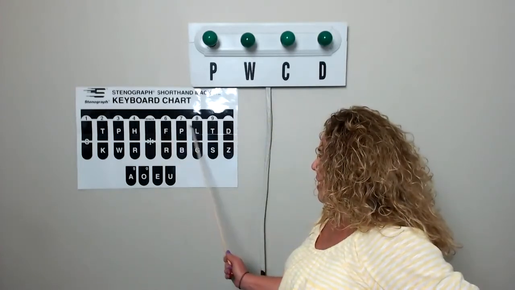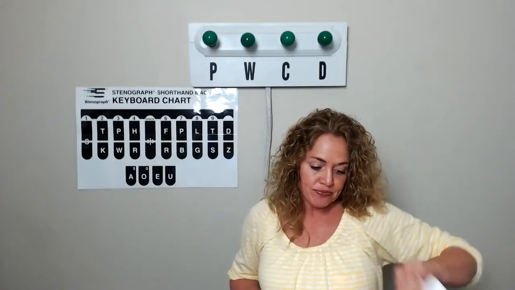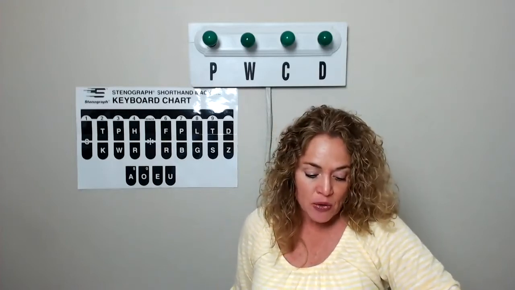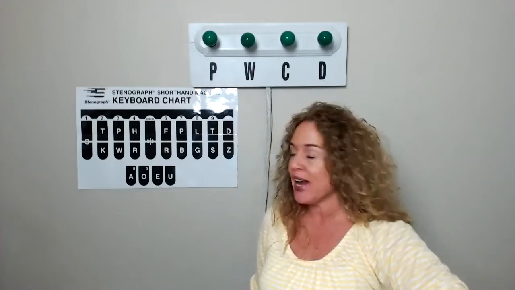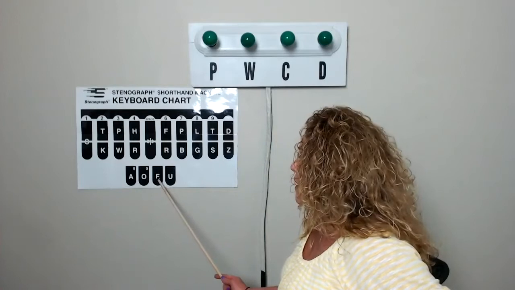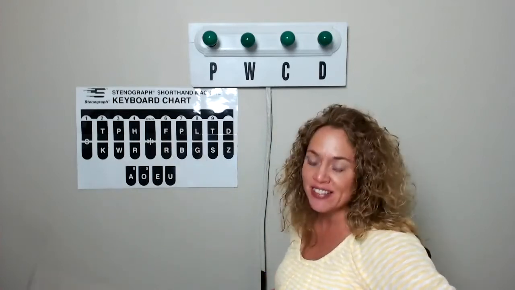So we're going to use our final FL. For words ending in ulf and olv, we're reversing the letters to write FL. So elf would be spelled ELF, but we're going to write it as EFL because the F comes before the L. Okay, so let's look at some of our words.